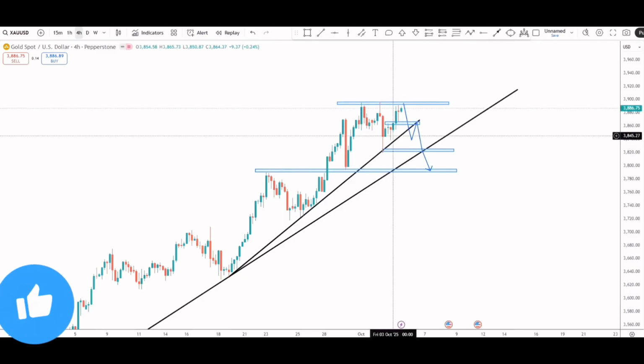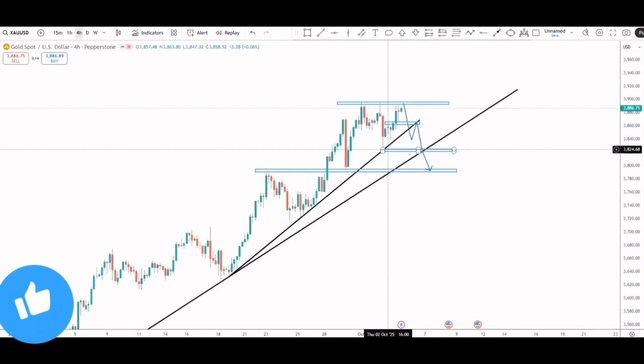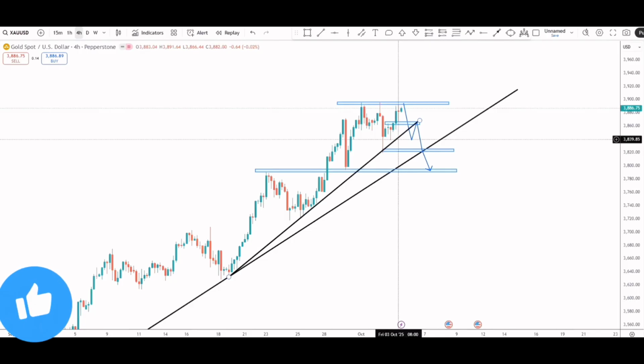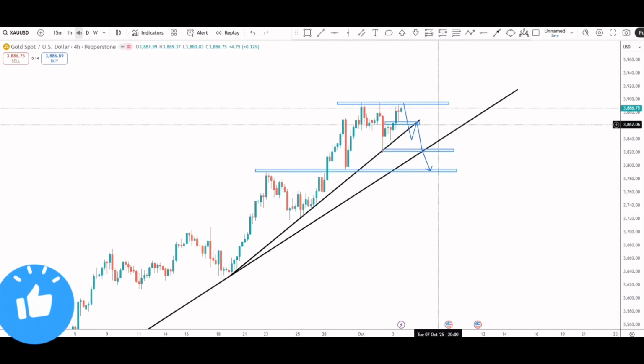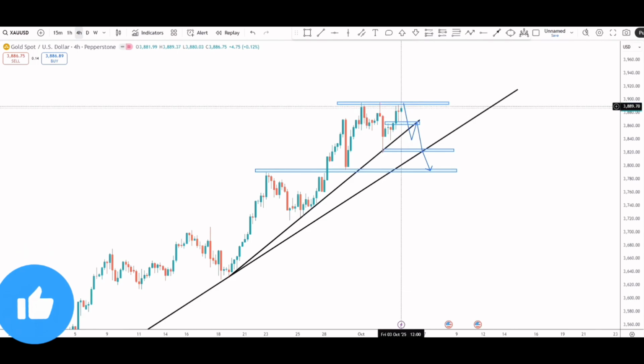Price comes down, clears out this previous low here, or even this one, so the one around the 38.40 area or around the 38.23 area. If price clears those lows and then goes up to form a lower high rather than again clearing all the other highs, then that's potentially a break of structure.